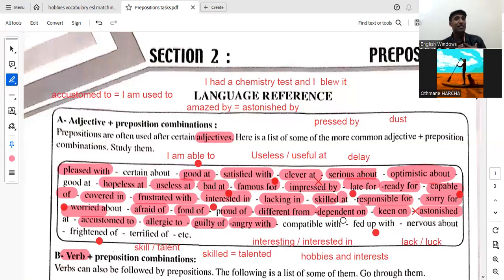I'm angry with the way he treated me. Yes, just yesterday, Othmane, I was fixing a certain problem with my car, trying to change the battery because the battery of my car died out.